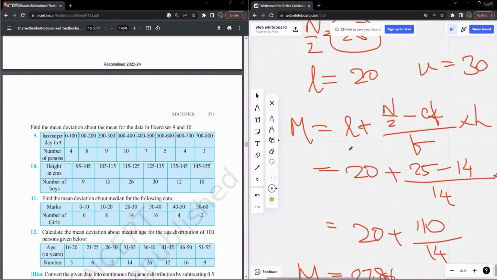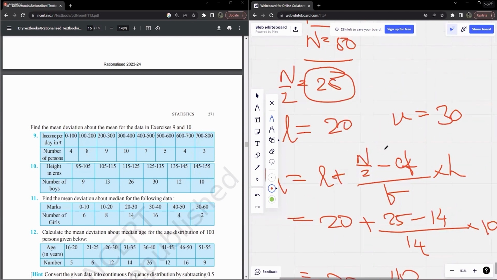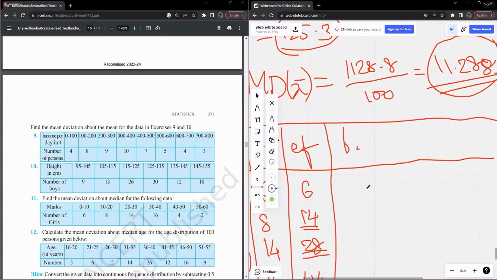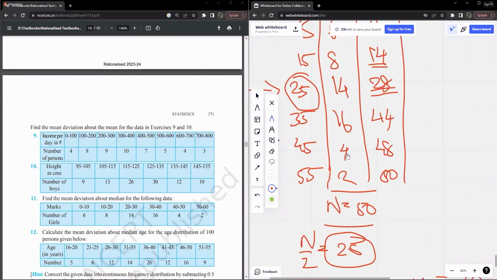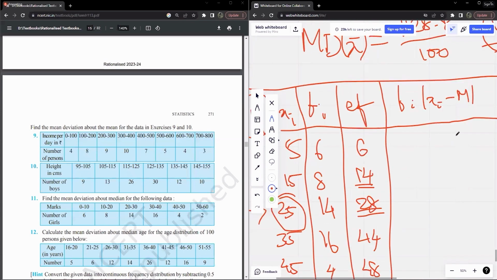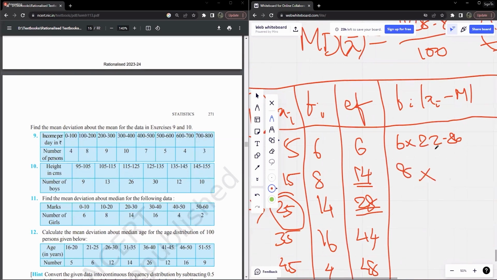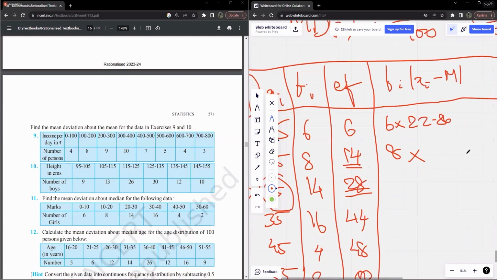Therefore, we have Fi times Xi minus M over here. Remember that the median is 27.86. So this is going to be 6 into 5 minus 27.86, that is 6 into 22.86. Then you have 8 into 12.86.